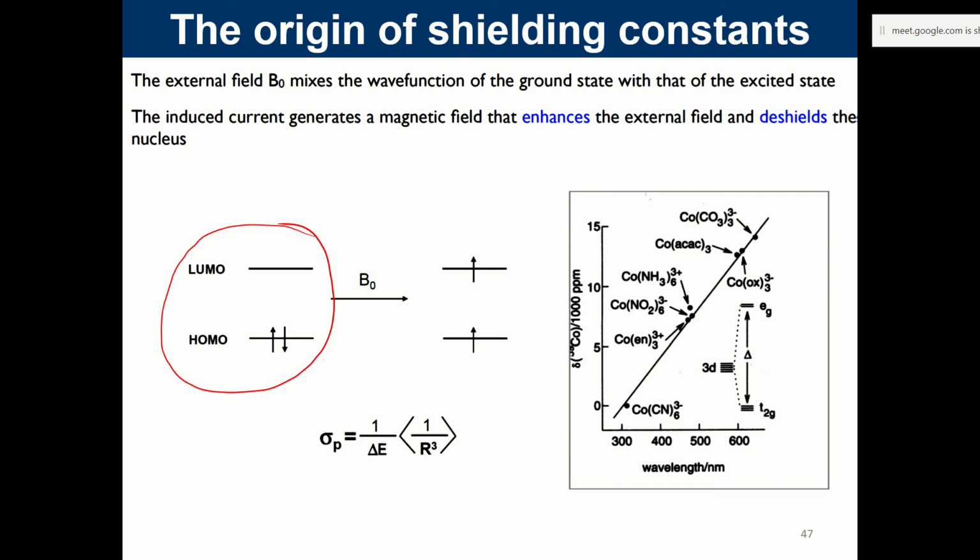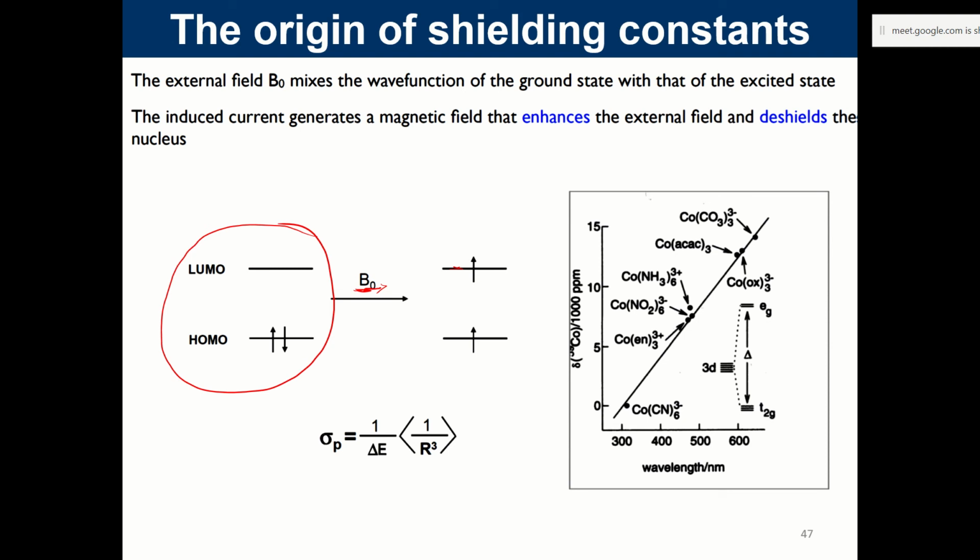When the magnetic field is applied, even though it is so small, it causes an excitation, and now you can have the electronic circulation we were talking about, because of the magnetic field using the unoccupied orbital.